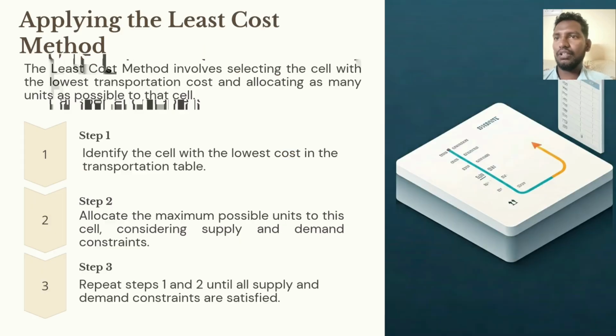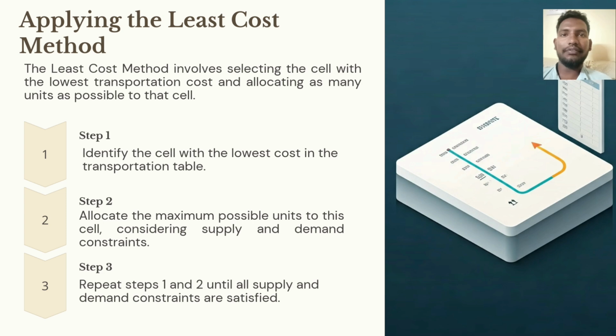Next, we will move on to applying the least cost method steps. The least cost method involves selecting the cell with the lowest transportation cost and allocating as many units as possible to that cell. Step 1, identify the cell with the lowest cost in the transportation table.